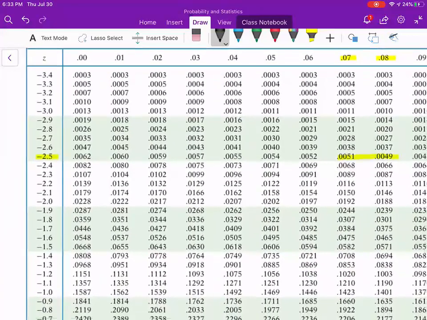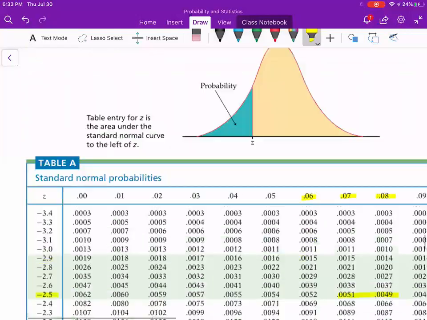I'm looking for 0.025, which is exactly in the table right there. That row has negative 1.9 for the first decimal place of the Z-score, and 6 for the second decimal place. So 1.96 is the right answer. And that's how you get at it.